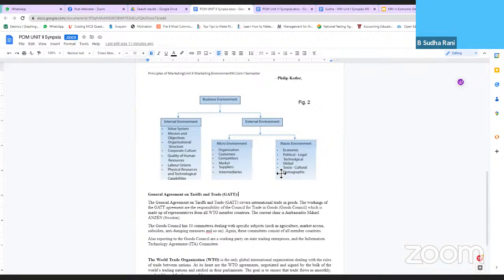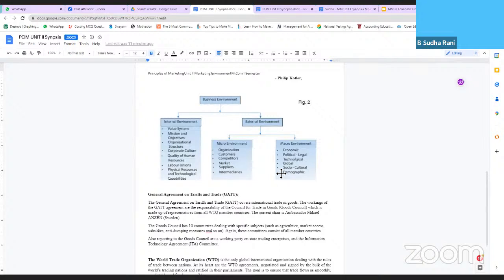Okay. Now coming to the external environment, the other one, macro environmental factors like economic, political, legal, technological, global, socio-cultural, demographic. Demographic factors means, remember, wherever you study relating to the human being, means consumer age, consumer gender, consumer caste, creed, religion, region, consumer income, consumer education.